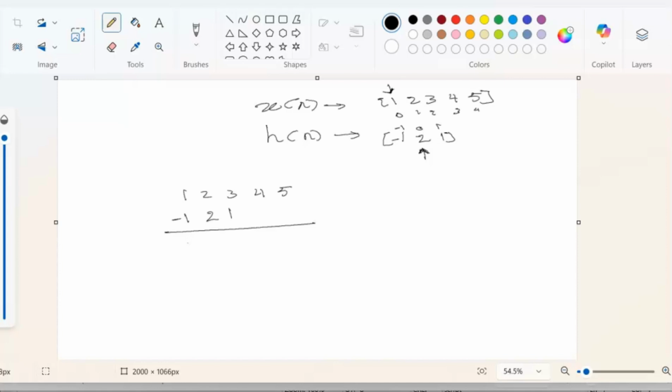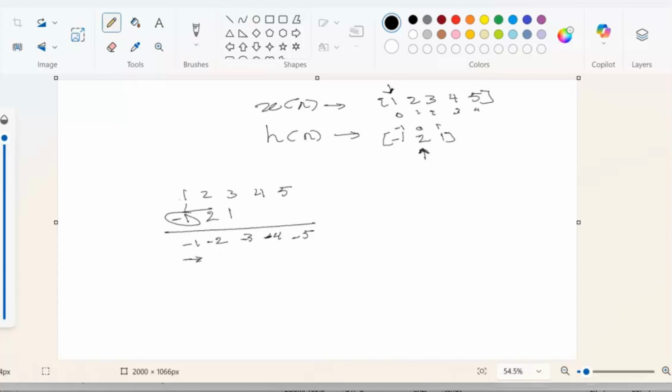So we do negative 1 times 1 is negative 1, then negative 2, negative 3, negative 4, negative 5. What I'm doing is multiplying this one to each individual sample: negative 1 times 1, 2, 3, 4, 5. For the next sample, we slide one sample to the right.